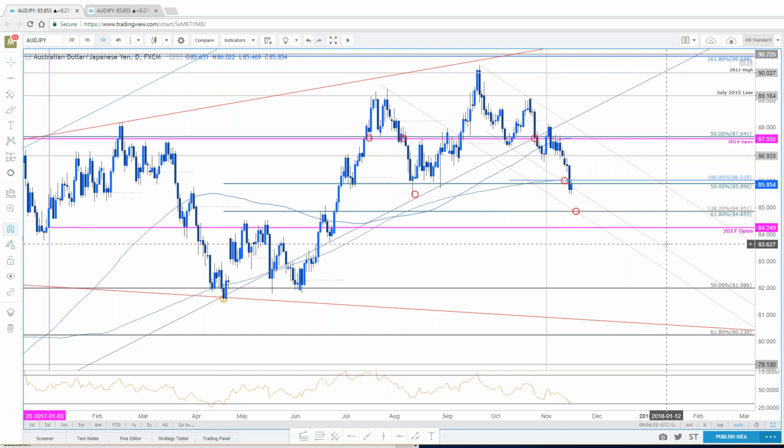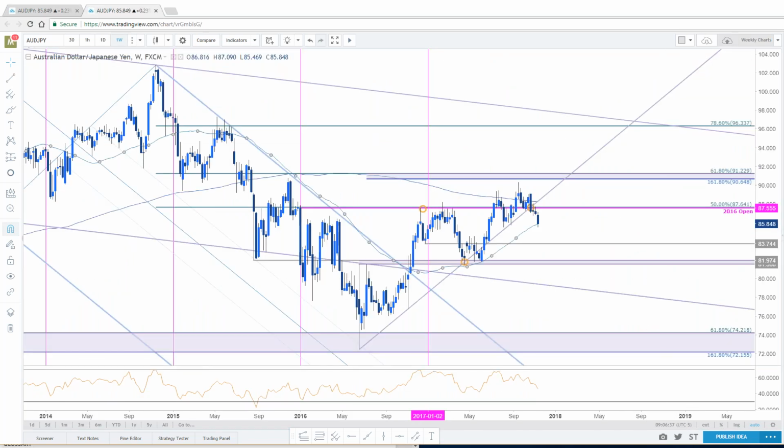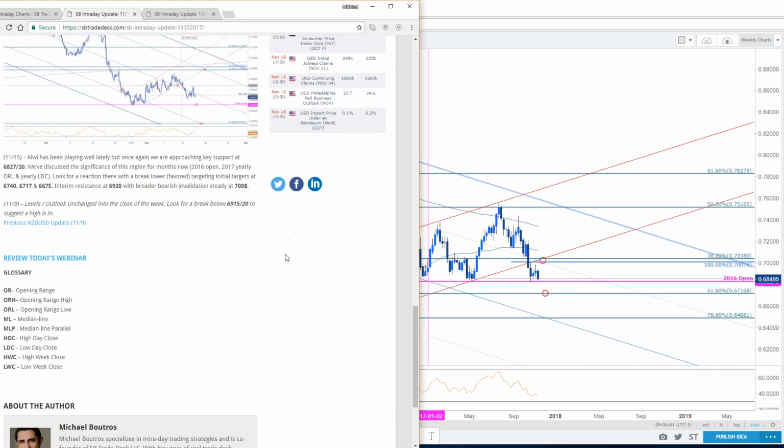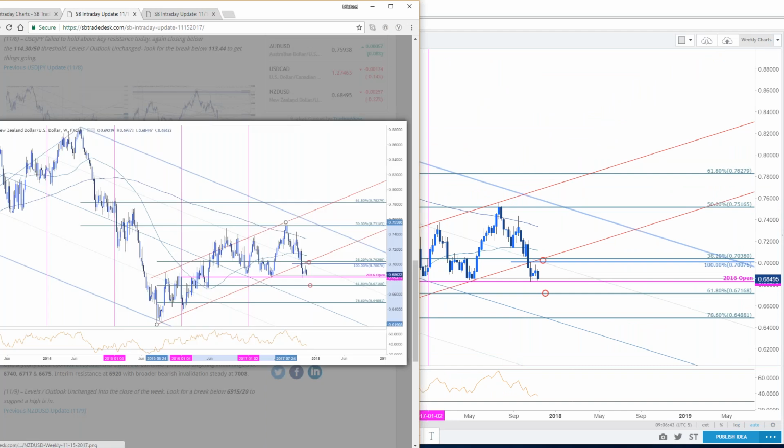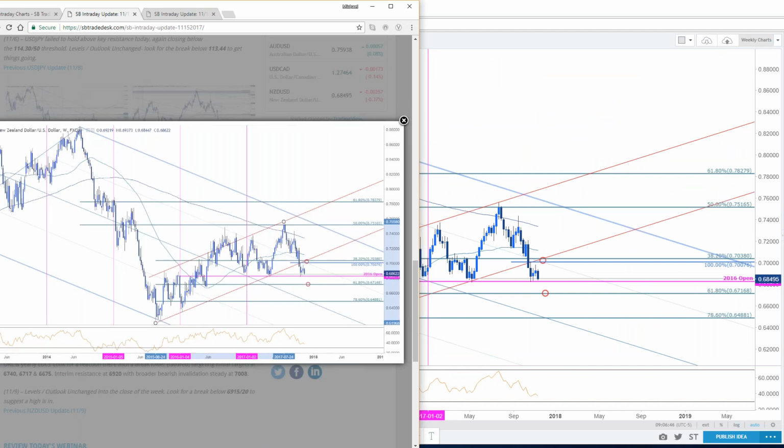Back on track, number 5, Kiwi dollar. So Kiwi's moving back into a major support region. I went over the charts again on this one, top side down from the weekly all the way down to the 4-hour. Again, objective stuff, the best way to do it. 2016 open, 68.27, 68.30.